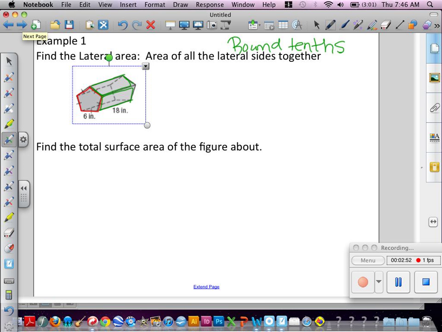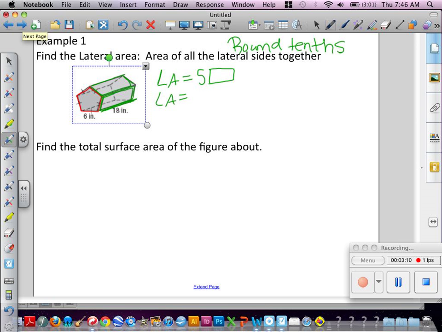And so if I look at my rectangles, I'm going to have 5 rectangles. And so I need to find the area of one of those rectangles and then multiply it by 5. And so I see this is 18 and this is 6.